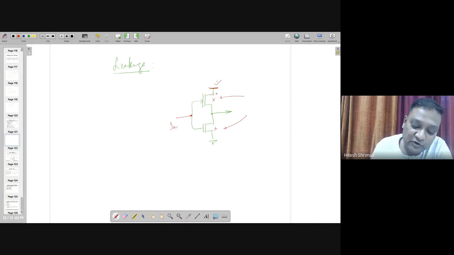And when you are doing this, even though both are off, still they are consuming some power or some current is flowing through that one. So that is known as leakage.